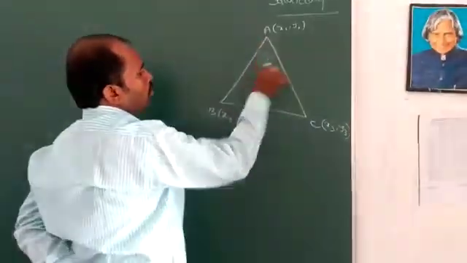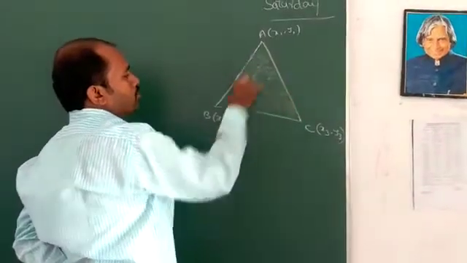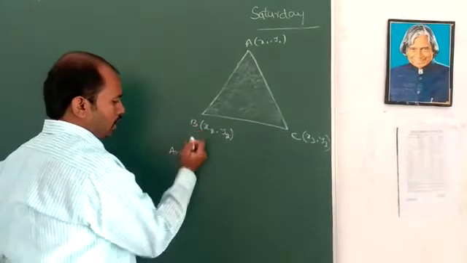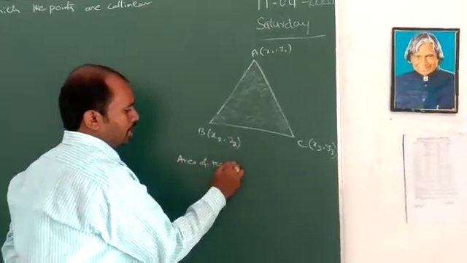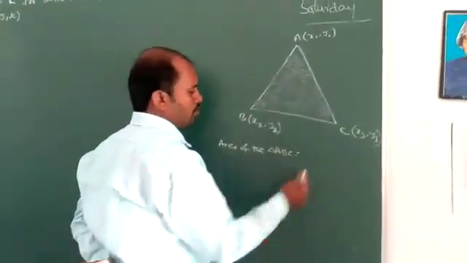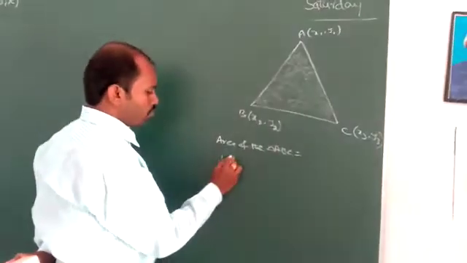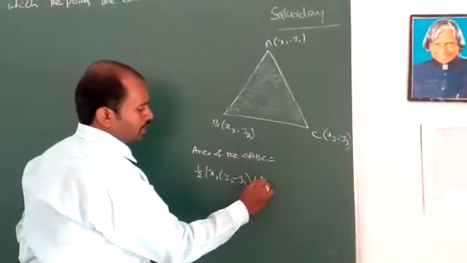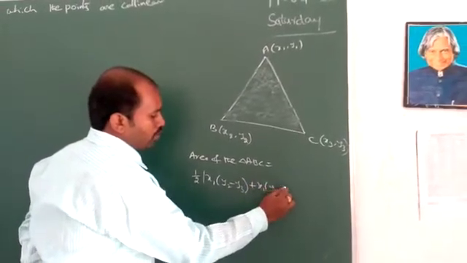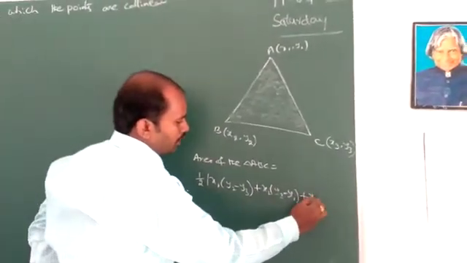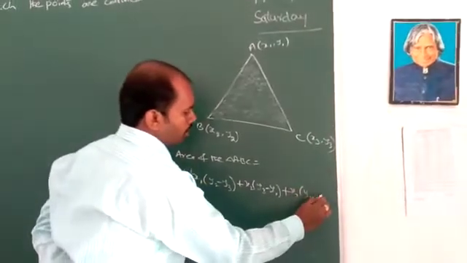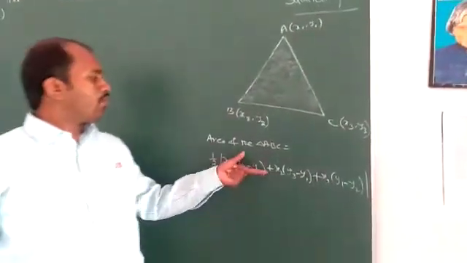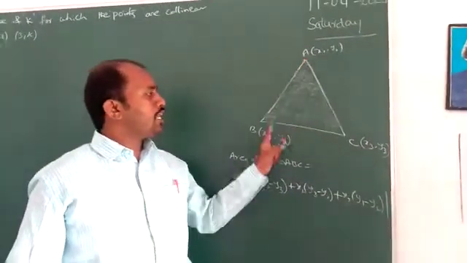The area of triangle ABC is equal to half into modulus of x1 into (y2 minus y3) plus x2 into (y3 minus y1) plus x3 into (y1 minus y2), modulus close. This is the formula for finding the area of the triangle ABC.